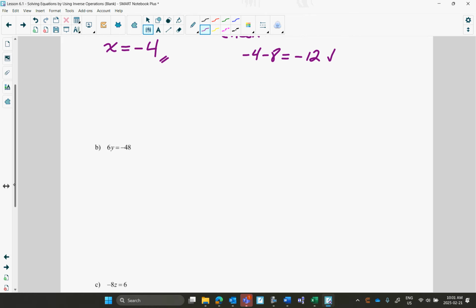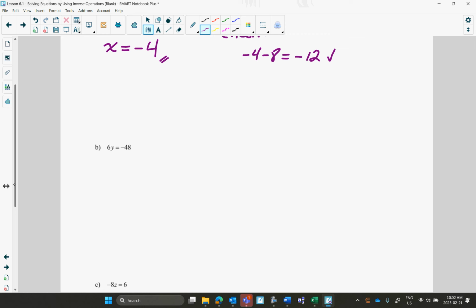The next one. The y is not by itself. What is with the y? A 6. Are we adding 6, timesing 6, dividing 6? What are we doing here? Like before, don't tell me what to do to get rid of it yet. This is multiplication, right?